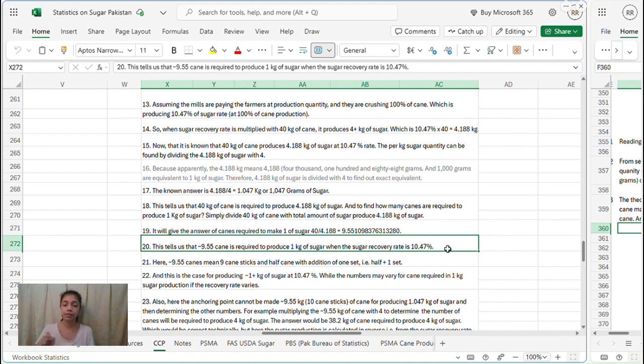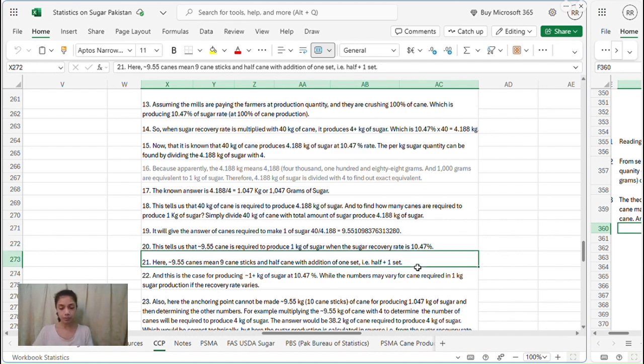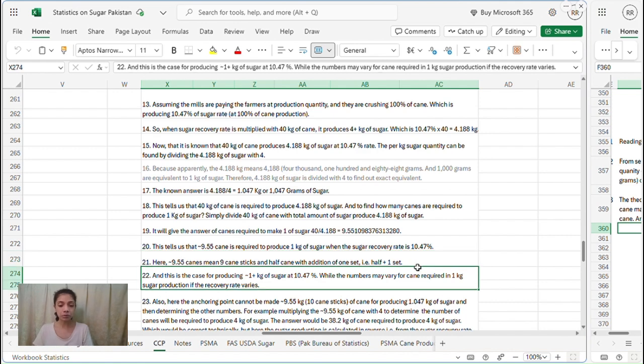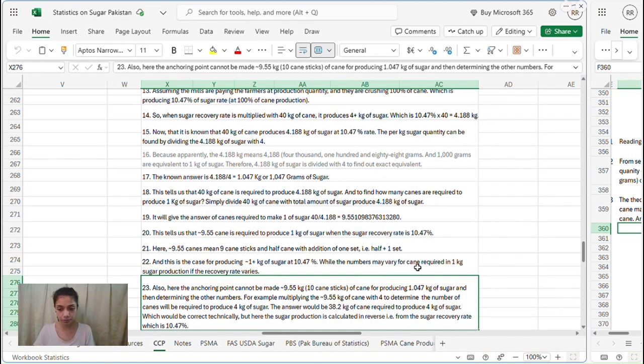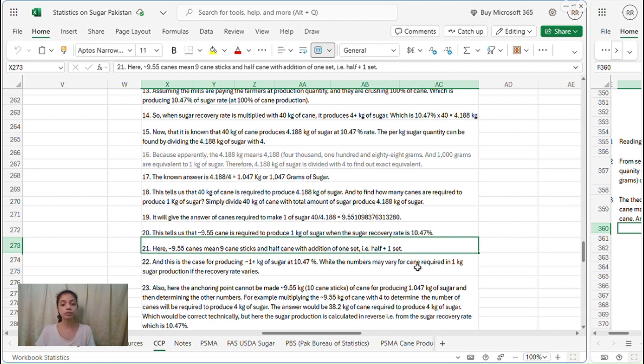That makes 9 sticks of cane and a half stick of cane. That was the first initial point where I was deriving the numbers for further calculations, and how it was not correct, we are going to discuss ahead, and what is the correct way to make estimations based on the correct derived numbers.